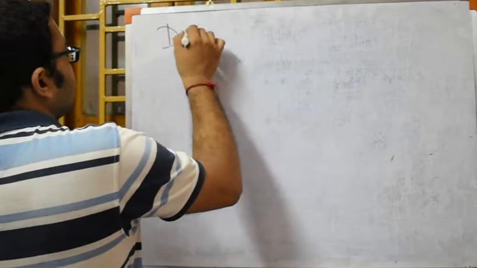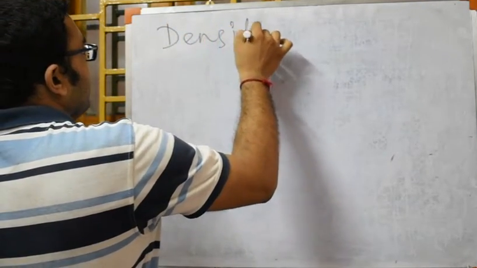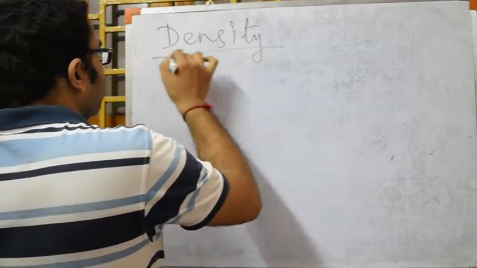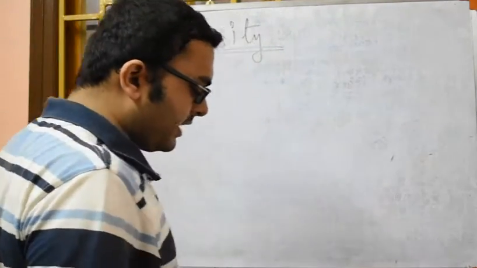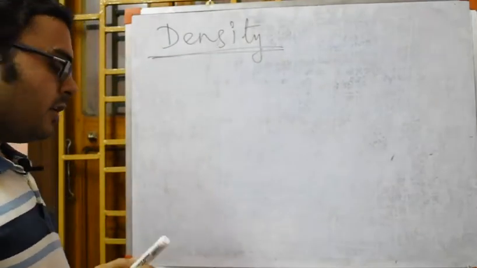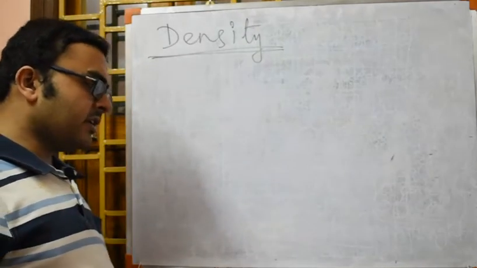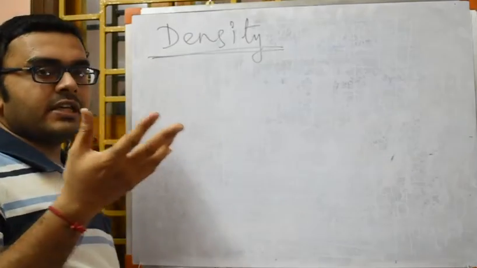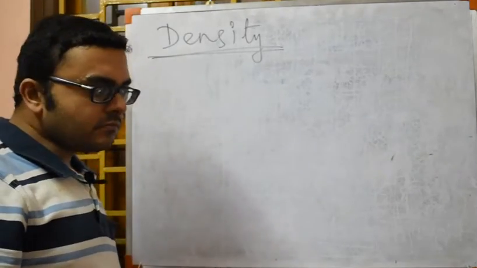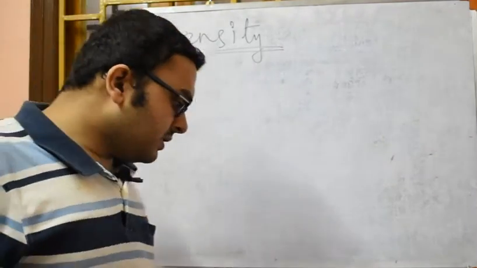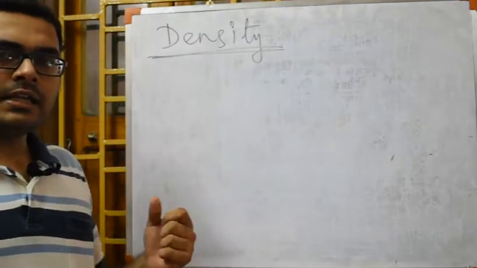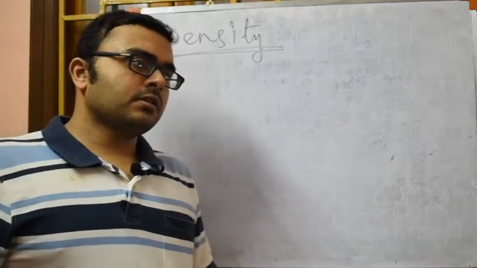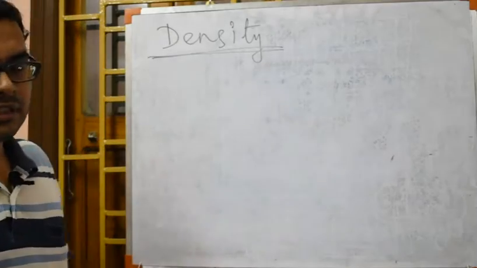So what is density? Now you see, we have said that each and every matter has a certain definite volume as well as a certain definite mass. Now when I consider, say, a small iron nail, it has a certain volume and a certain mass.